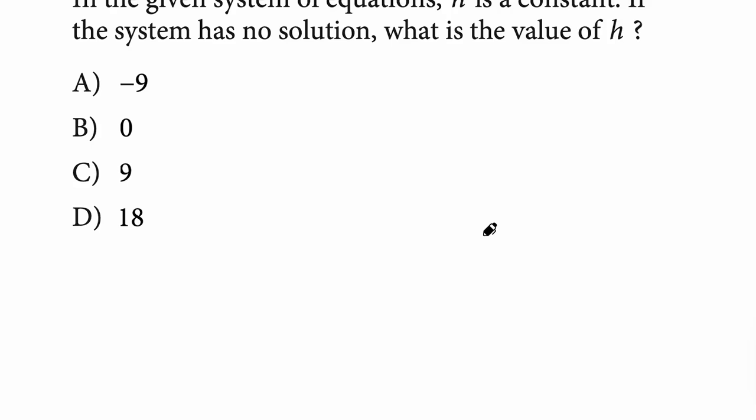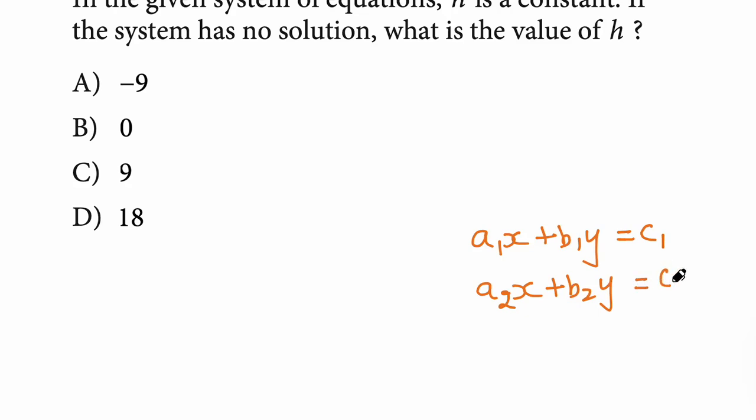Suppose I have two equations, a1x plus b1y is equal to some c1 and a2x plus b2y is equal to some c2. See, I have taken constants on the other side of the equation, but this is also true if you write the two equations like this.